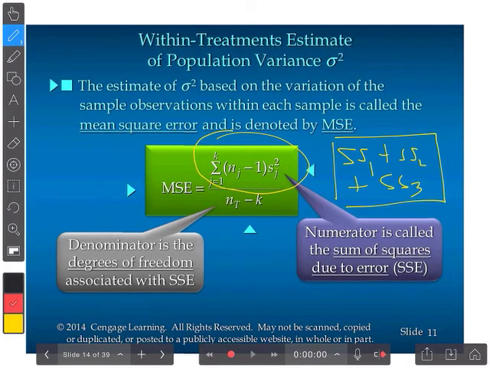That is MSE. It's actually called the mean squared error, but a popular term that is also used is the sum of squares due to treatments. I prefer MSW because it talks about within the samples, but anyway, our textbook uses MSE, so as long as we know that it's the same thing.